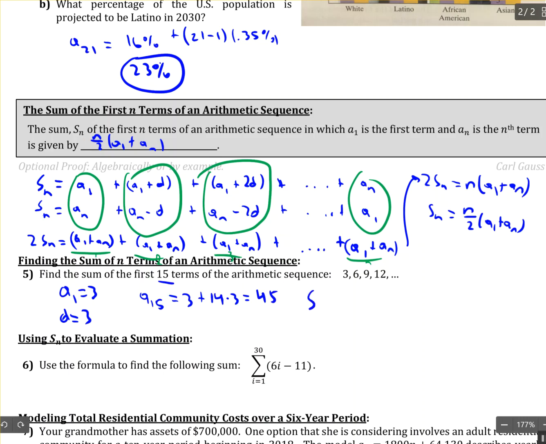So the sum of the first 15 terms is going to equal, again, 15 over 2, just using the formula from up above. A1 is 3 plus A15, which is 45. So that gets me 48 divided by 2 is 24, times 15 gets me 360. A lot better than having to add them all up. Hopefully you'll agree with me on that.